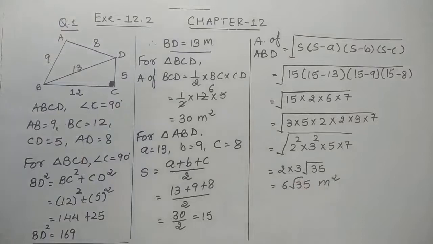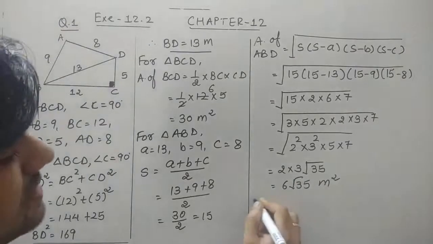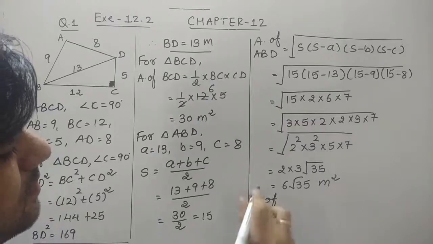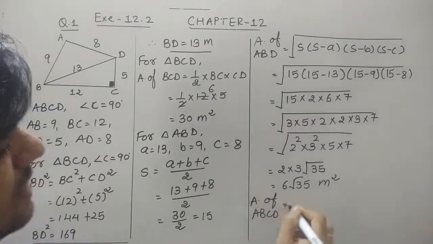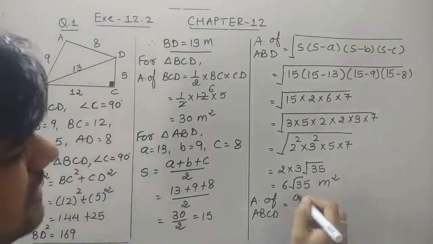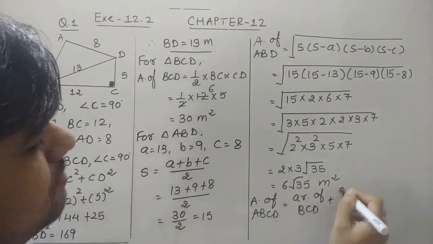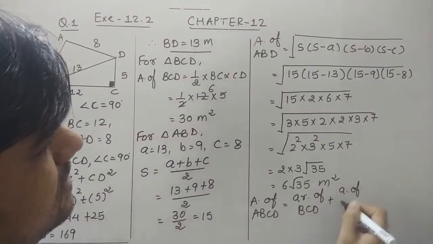As in the question, we have to find out the area of this quadrilateral. So let's find out area of quadrilateral ABCD. It can be written as area of BCD plus area of ABD.